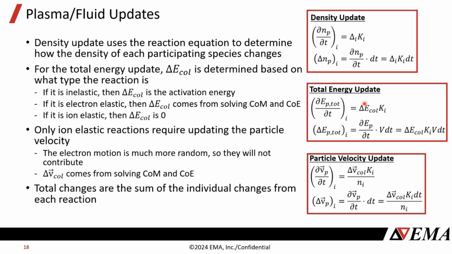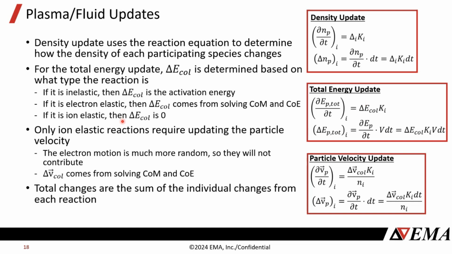For electron elastic, this delta E comes from solving your conservation of momentum and energy equations. And for ion elastic, we actually set this delta E to 0, not because energy is not being transferred, but because we're going to be transferring that energy through the velocity instead of through the energy itself. And because your energy and velocity are tied together, you only ever need to increase 1.